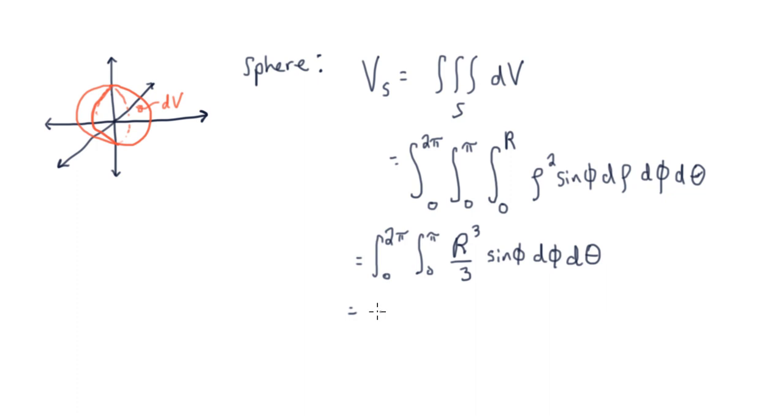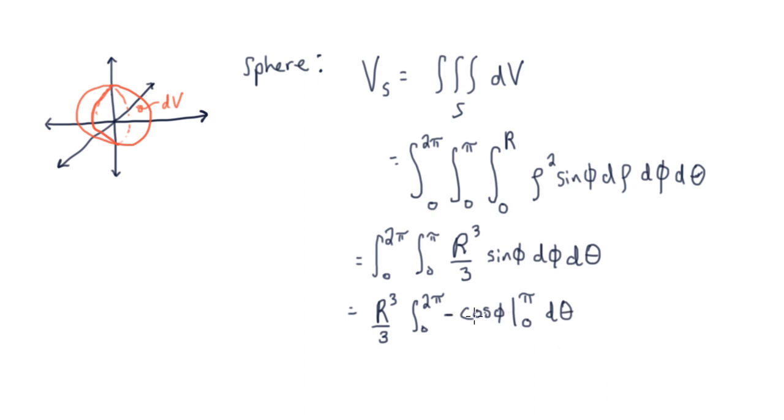All right, so I'm really just integrating sine phi here. An antiderivative, well, let's factor out r cubed over 3, first of all. 0 to 2 pi. And then I just have cosine phi. Actually, that's going to be minus cosine phi, evaluated from 0 to pi. But what is this?